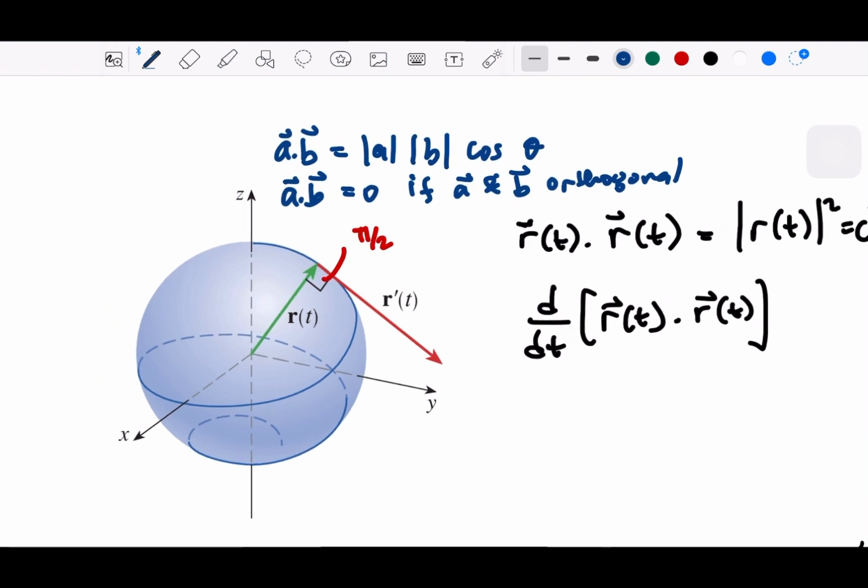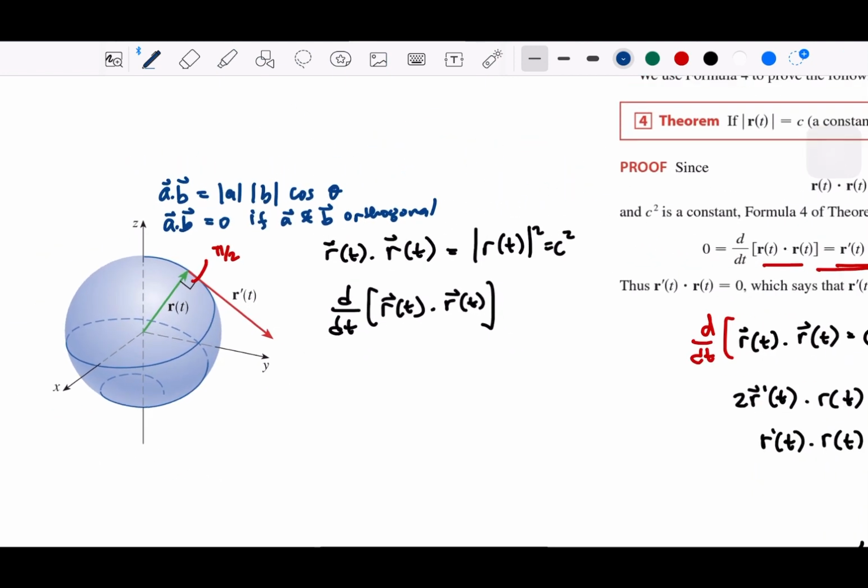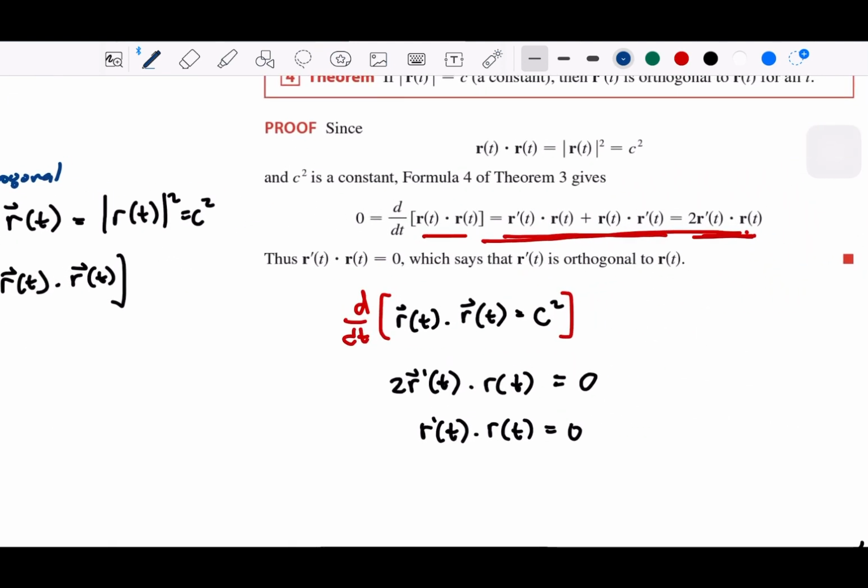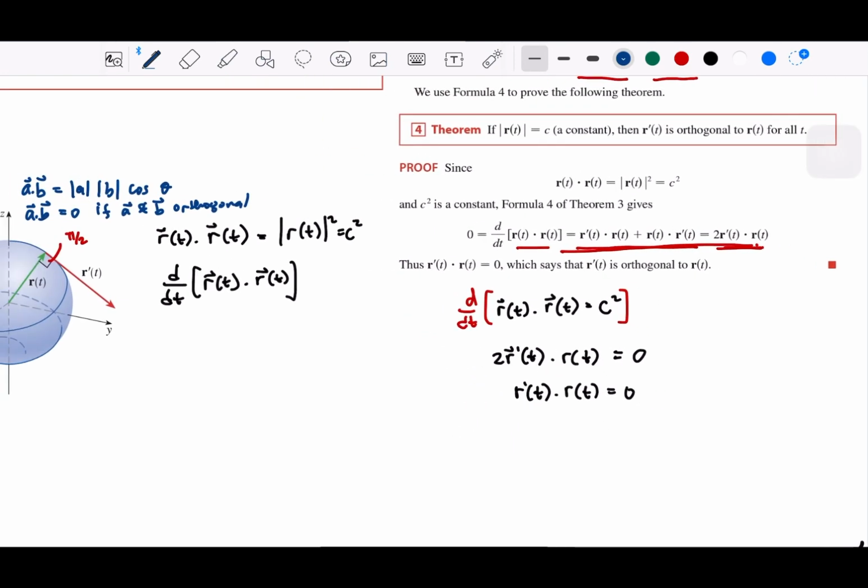So we can see this, or we can see it from this proof from the calculus part. So that's all for the derivatives.